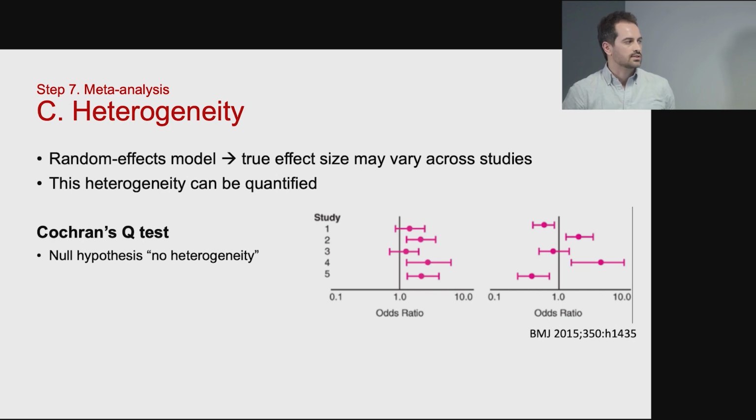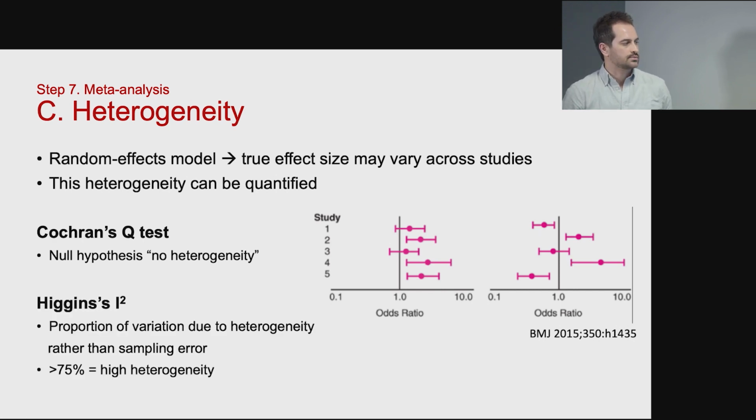You can use a test, the Cochrane Q-test, or quantify the percentage of heterogeneity in your estimates. And there is a rule of thumb: if I square is over 65%, this is high heterogeneity. There are a lot of those tests and estimates. You have to judge a little bit which one is good for you.